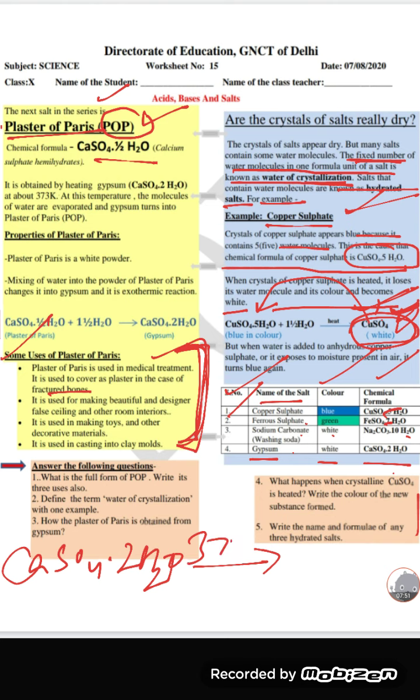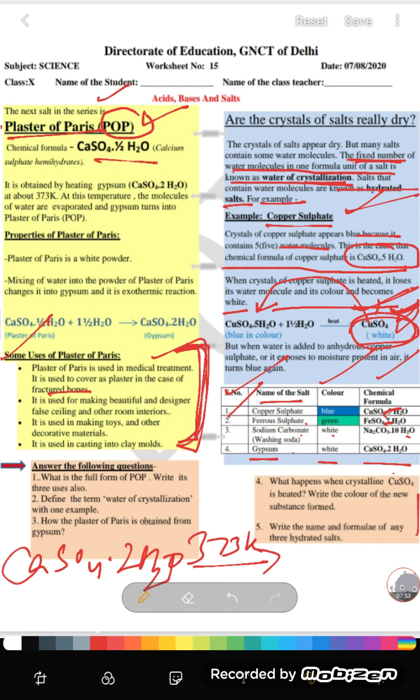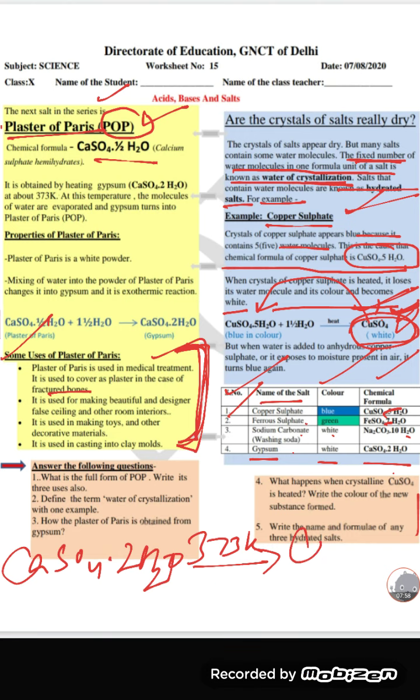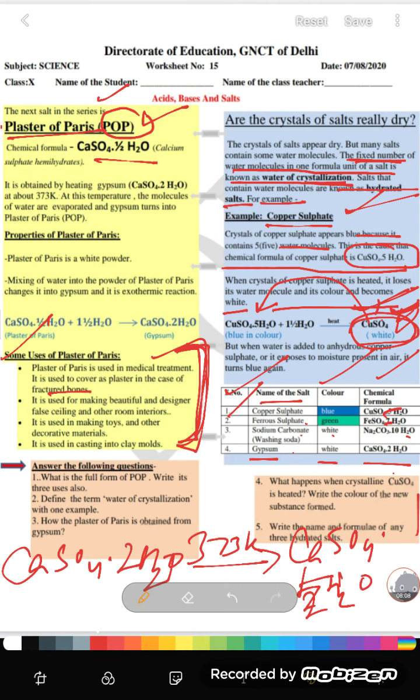When you heat it at 373 Kelvin, we have calcium sulfate hemihydrate, half molecule of water. So this is the equation for how we get plaster of Paris from gypsum.